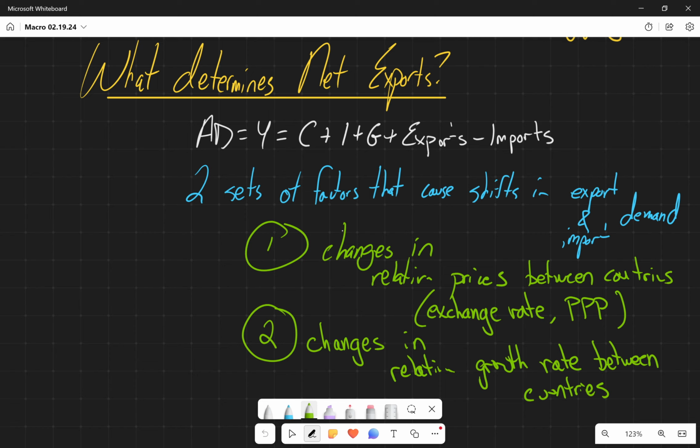So the size, so this is just what causes shifts, right? What causes trade between countries is a whole other set of options we're not really going to get into. But just for your edification, trade has to do with size of your country, whether you are landlocked or not, and then how far you are from the other country.